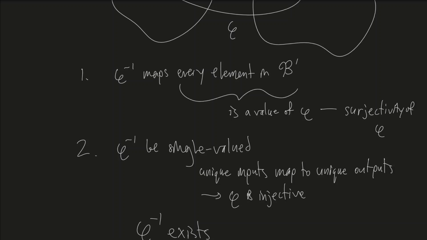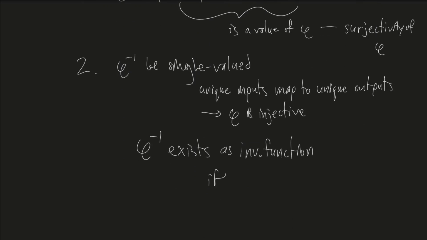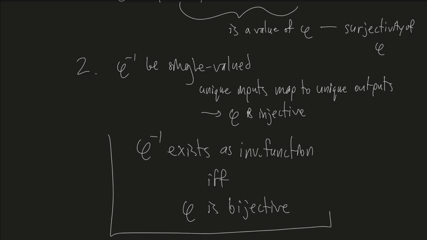So this is an inverse function, phi inverse, if and only if the function phi is bijective. Hopefully that is clear to you conceptually from this whole video. And from now on, we will use these terms, invertibility and bijectivity, interchangeably, because they are exactly equivalent.